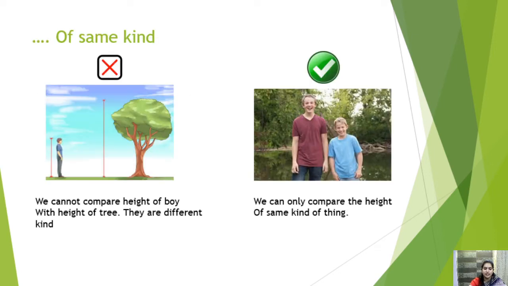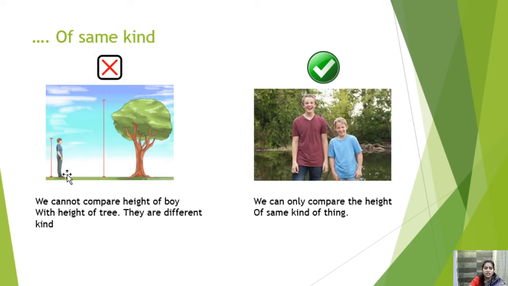So let's take an example here. You can see these two figures. इस figure में क्या है? There is one boy standing here and then we have a tree. And here there are two boys. If I am comparing a boy with the length of a tree, is it comparable?